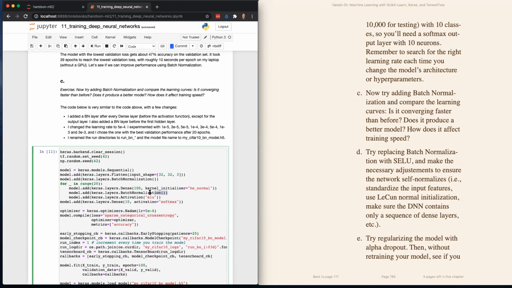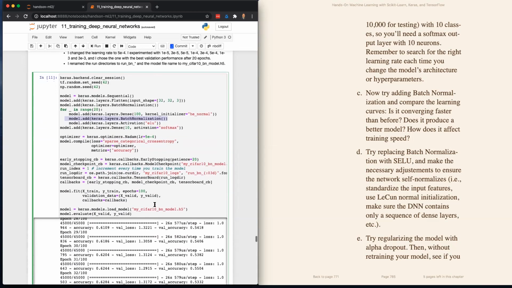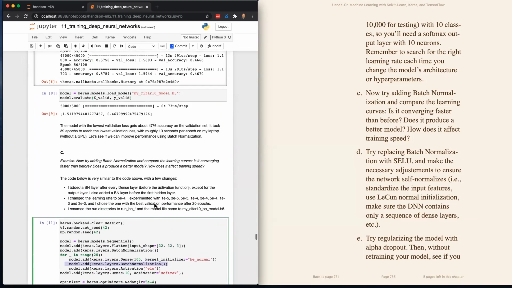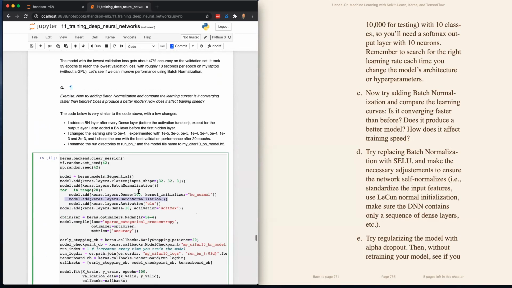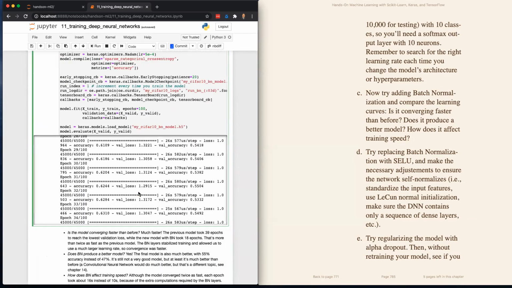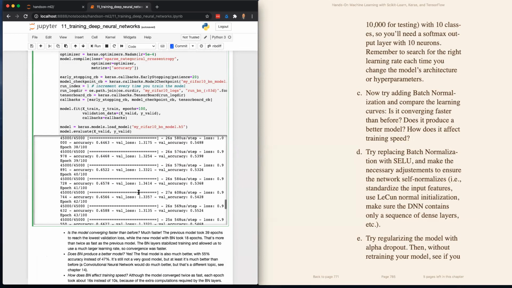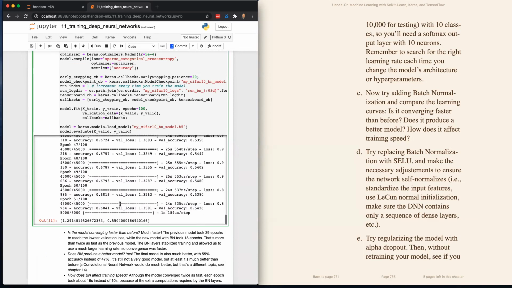All he asks us is just to add a batch normalization, run it and see what difference it makes. The first one takes around 5 minutes. The second one takes quite long, around 15 to 20 minutes to run.